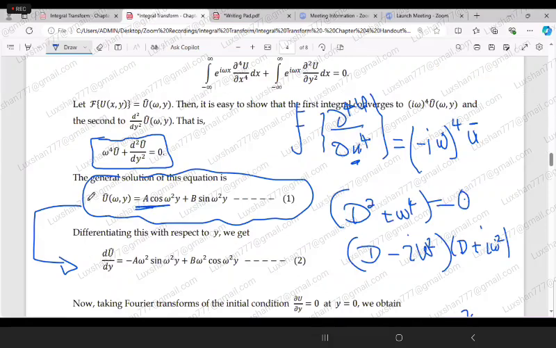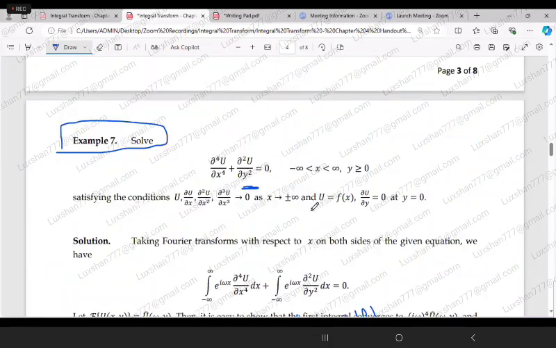Actually, we have the function u bar, but the initial conditions are in u.